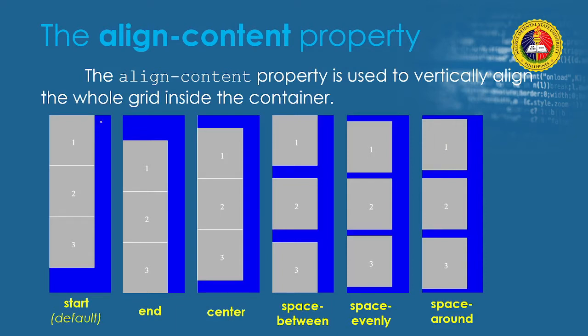If gaya na horizontally, this time vertically. So it would be the same thing. So for example, from start, if we're going to set the start to default, then it's going to look like this, and end na po siya sa ubos, center, space between, space evenly, space around. So basically, it would be the same thing, but instead of horizontally, it is now setting it vertically. Do you follow?